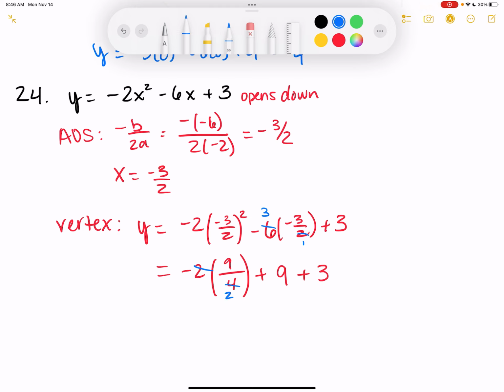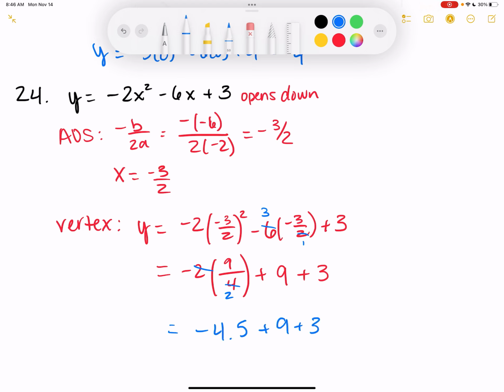So at this point, if you want to write it as a decimal now, that's also fine. This is the one section where I will let you do whatever you want. If you want to do a mixed number, a fraction, or a decimal, it's whatever's easiest for you, because obviously you have to graph them. So this is going to be negative. Let's see, 9 halves is what, 4.5? So negative 4.5 plus 9 plus 3.